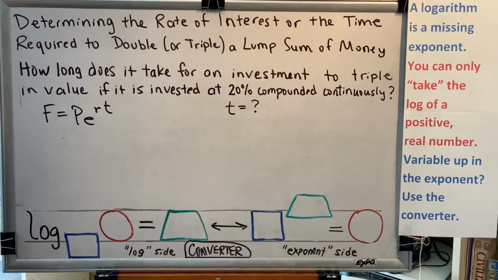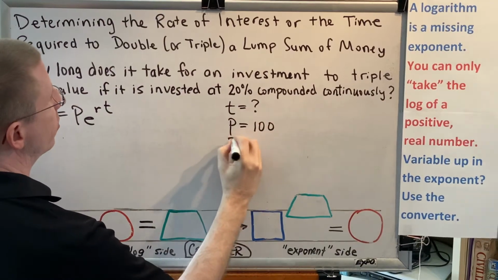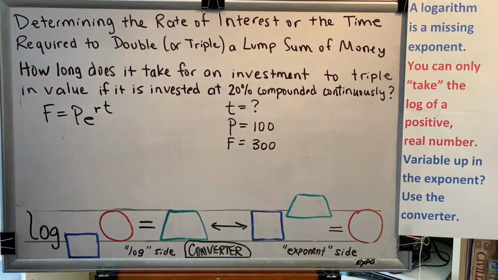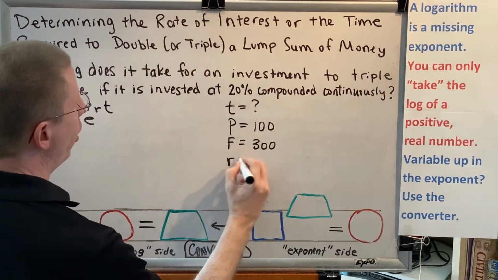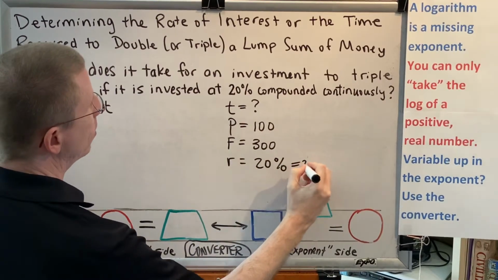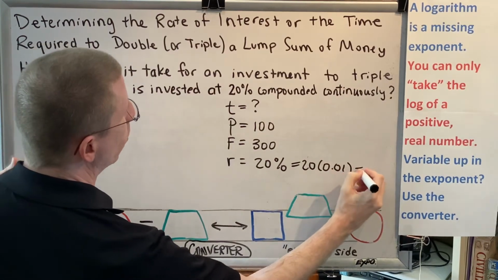For an investment to triple, that means we get to choose F and P. We'll say P, the amount of money in the present, is $100, and F, the amount of money in the future, is 3 times that, which is $300. If it is invested at 20%, that's R, 20%. Remember, the percent symbol is a mathematical constant. It always represents the same value, which is 0.01.